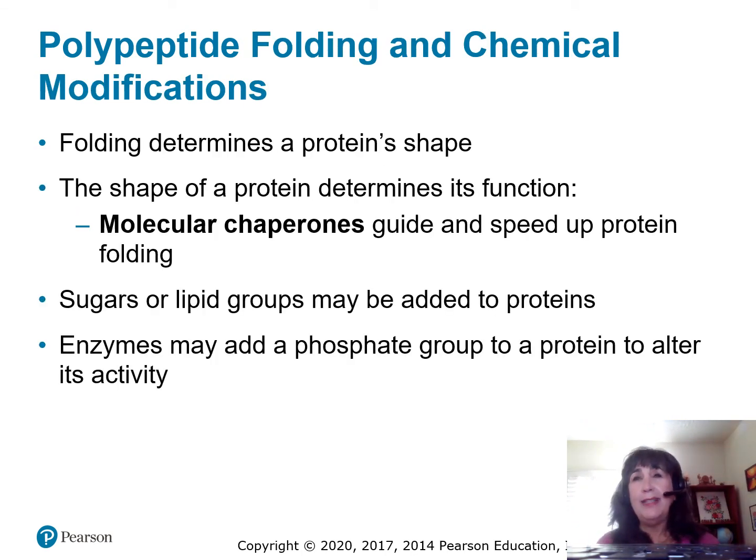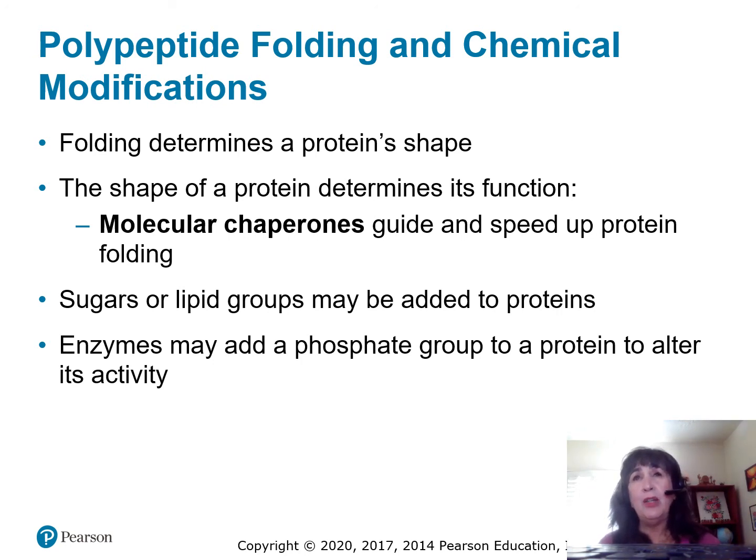So we can have molecular chaperones, and oftentimes these molecular chaperones are actually found in the endoplasmic reticulum. Remember, there's smooth endoplasmic reticulum and rough, and remember the rough ones were associated with ribosomes. So after the protein is made, they usually end up in the lumen of the endoplasmic reticulum, and there we can find molecular chaperones.